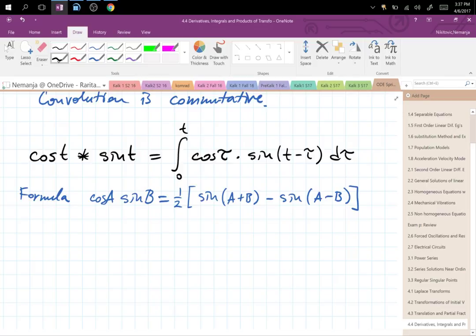So let me write that. A is equal to tau, and B is equal to t minus tau, and we are going to plug all of that in.